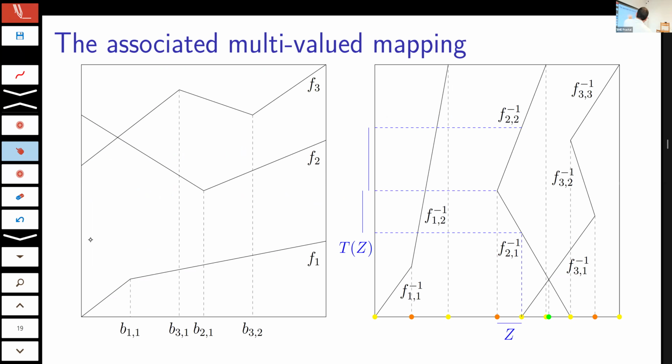Then I want to work with the expanding mapping. So I flip it to obtain this figure. And I look at the local inverses of these small affine pieces of the functions. This is the multi-valued mapping T. This is how it works. These are all the branches that define this function. I take some interval.